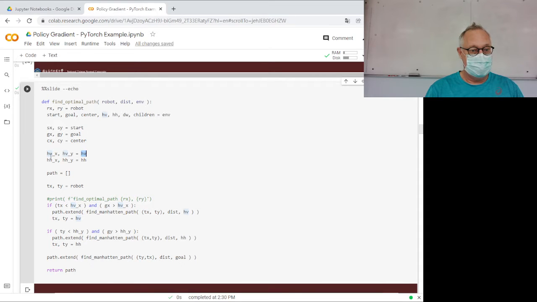And so HV is the vertical wall coordinates and HH is the horizontal wall coordinates. If I'm in room number 2, then I find the location from the current position, which would be the door in the previous case, going through the horizontal wall, and then from that location towards the goal.